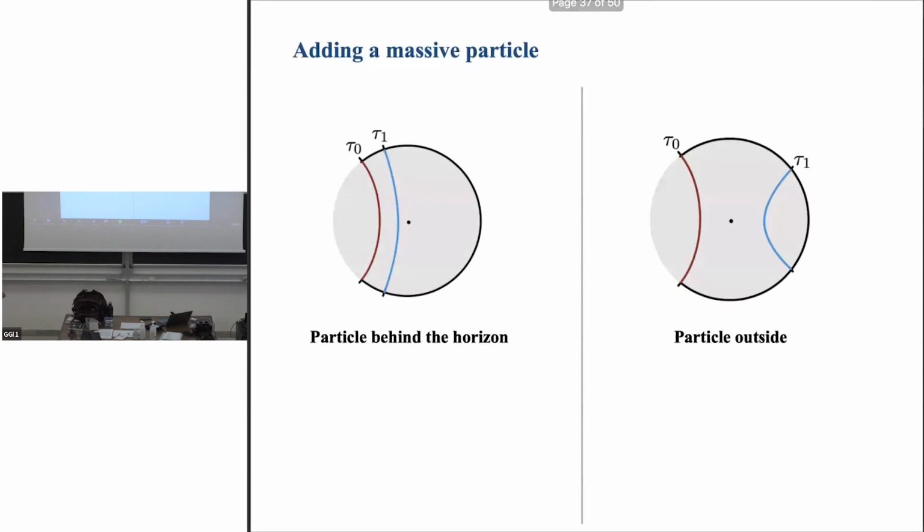Isn't that a little concerning? Like if you have some situation where you take your black hole and then you throw a big shell into it, then... Would you like to add a massive particle? I mean, Neda and I proved the second law for the apparent horizon.